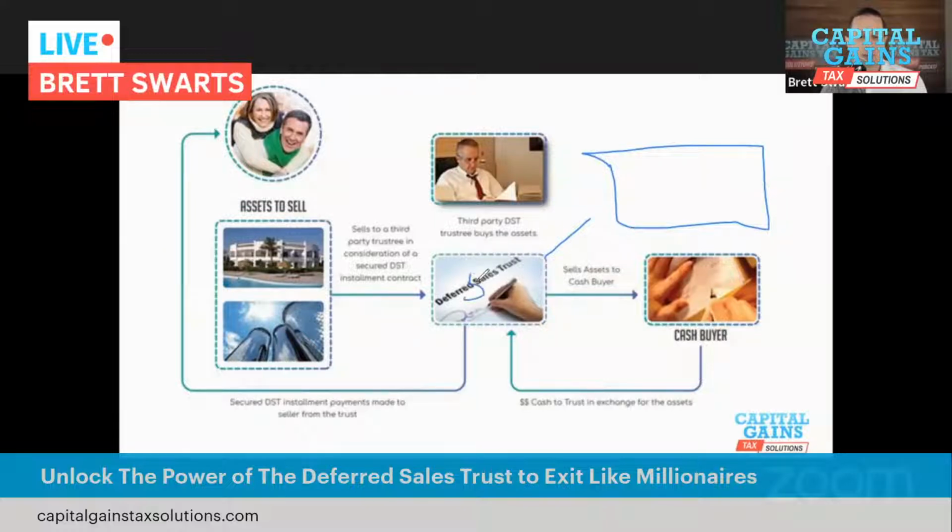Well, let's just walk through that scenario. There's 5 million here, and there's an apartment complex, and let's just say it's a $4 million apartment complex. The trust, up to 80% of it can go buy this apartment complex with you. The way we do that is we form an LLC, and this LLC partners with the trust.